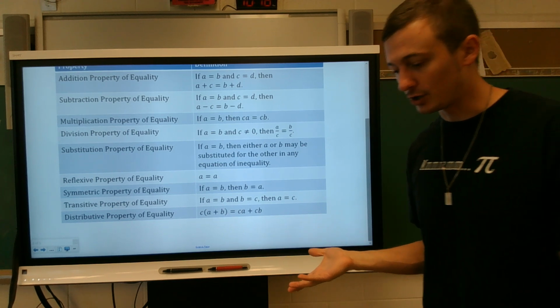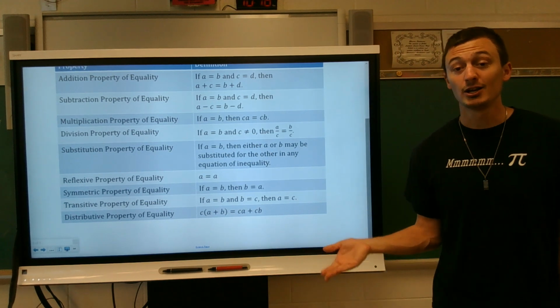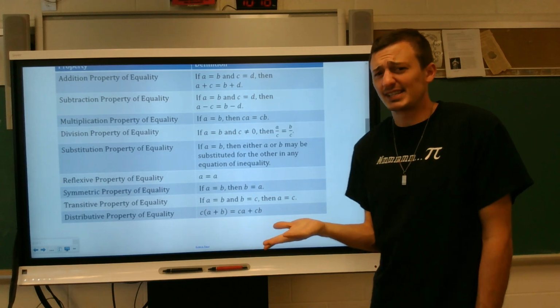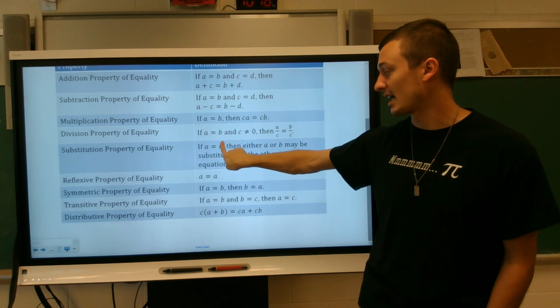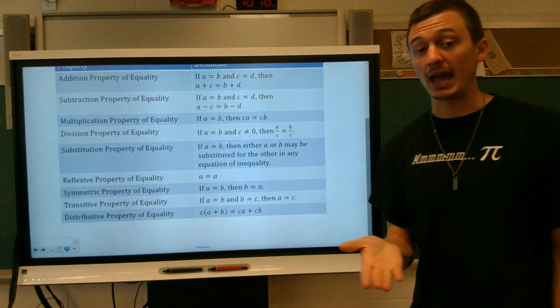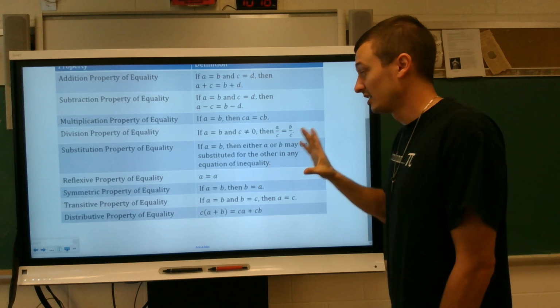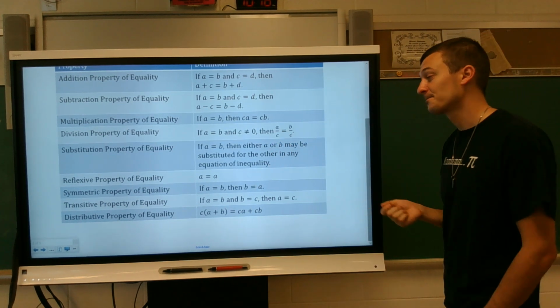Well, if I tell you that x is 7 and you have an equation that has x in it, you can substitute 7 for x every instance x shows up. That's all this is saying, is that if I know the value of A, and if I know like A is 7, I can substitute 7 in for A for every instance of A. It's substitution. This says it in a lot of words, because that's how math has to do things. You have to be very specific.